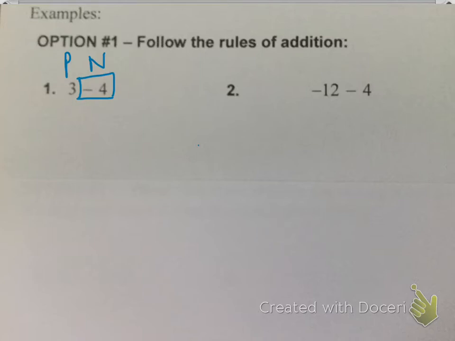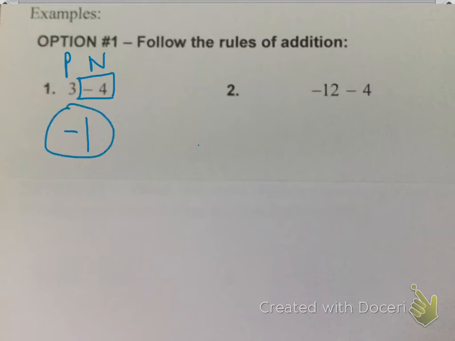So different signs, we are going to subtract. 4 minus 3, you're just going to find the difference of the two numbers. 4 minus 3 is 1, and then you take the sign of the larger number. What's bigger, a 3 or a 4? Remember, we just look at the number itself, not a positive 3 and a negative 4. The value of 4 or 3, which is bigger? 4 is bigger, 4 is negative, so my answer is negative.